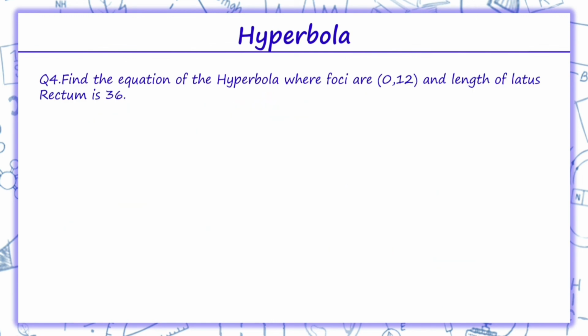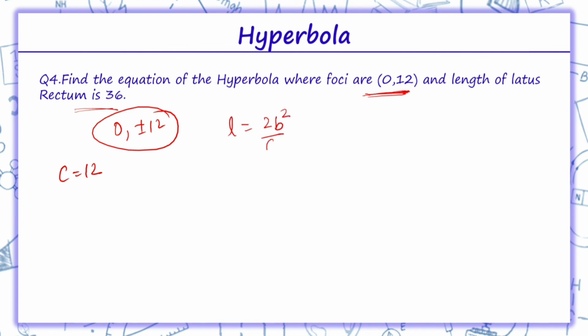Next question: we have to find the equation of the hyperbola with foci 0 comma plus minus 12 and length of latus rectum 36. So the foci again lie on the y axis, that is c equals 12. The latus rectum is given by 2b square upon a, which is 36.